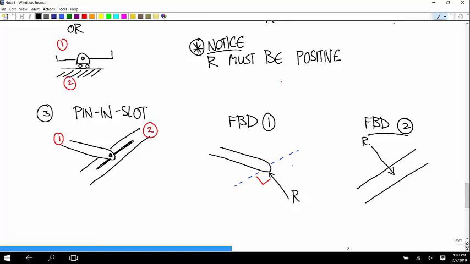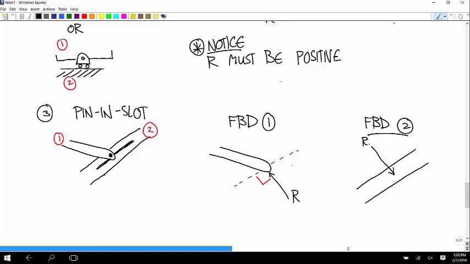So while you're putting together the equations, a pin and a slot, a roller, and a frictionless contact are all the same. There's one difference though with a pin and slot joint, and that is that this slot doesn't have the equivalent of a thing being able to jump off the ground with frictionless contact. So if it's oriented like this, if this thing tries to push in this direction, the slot stops that from happening.